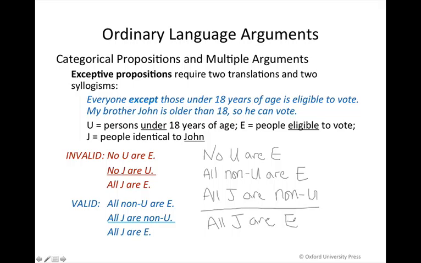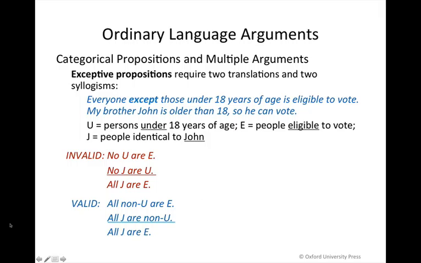Now, do you notice that we have here 3 premises? That's because everyone except those under 18 years of age is eligible to vote is going to break out, as we saw, into 2 propositions. So the question then becomes, how do we reduce our terms so that we can get to where we want to go, namely to the conclusion that John is eligible, and to determine if that's valid?